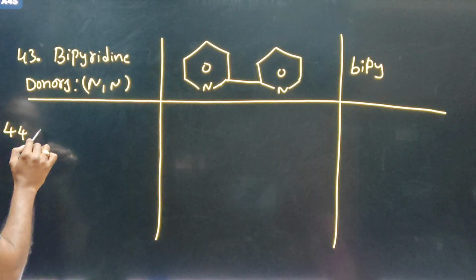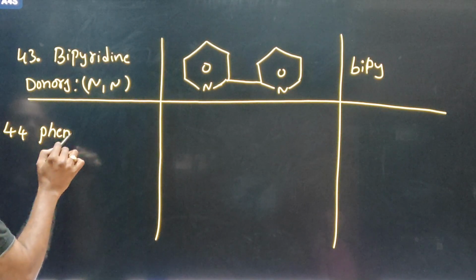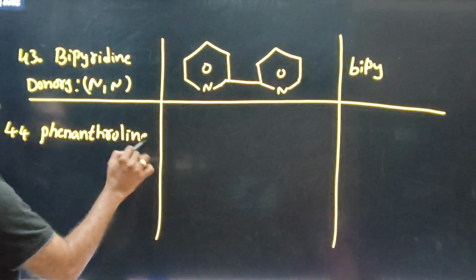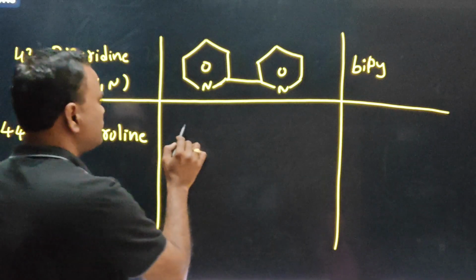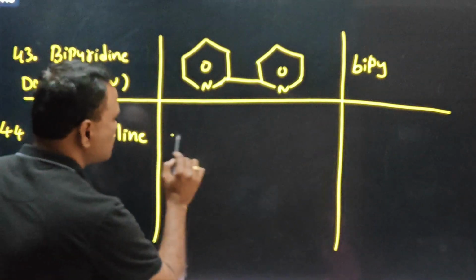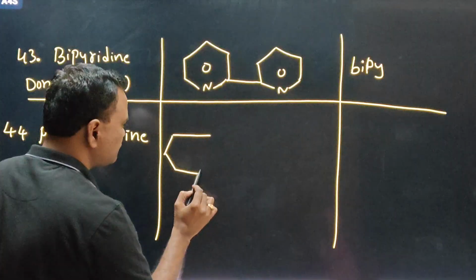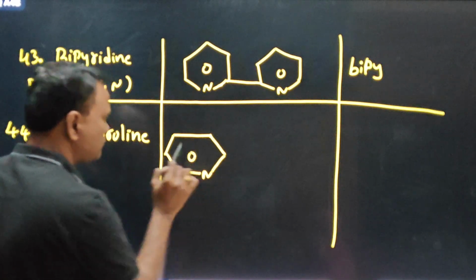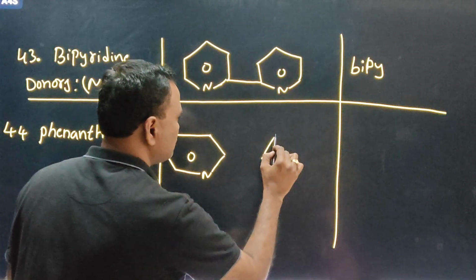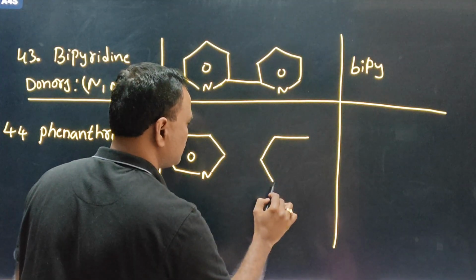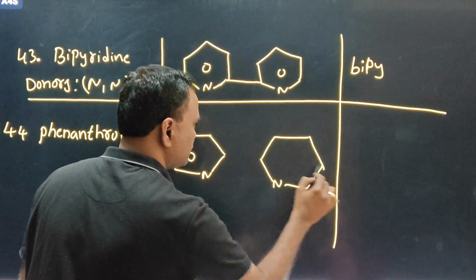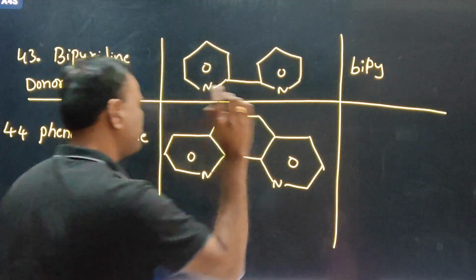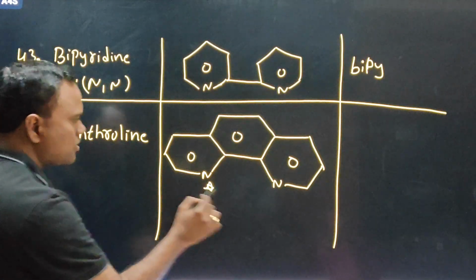44, phenanthroline. See, the donor atoms, star and star.